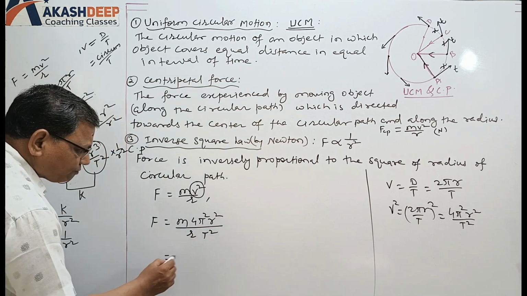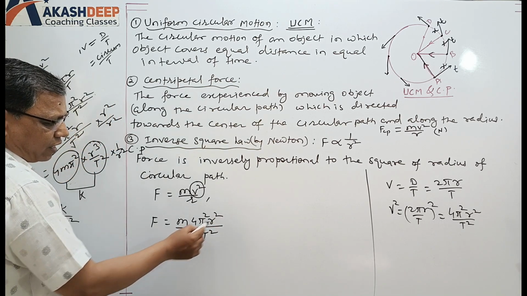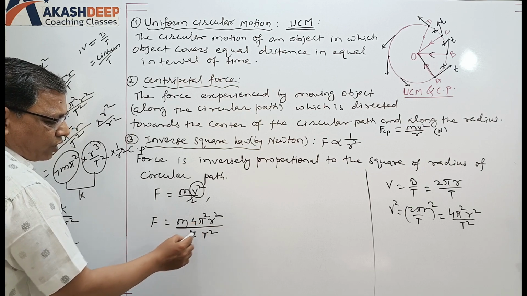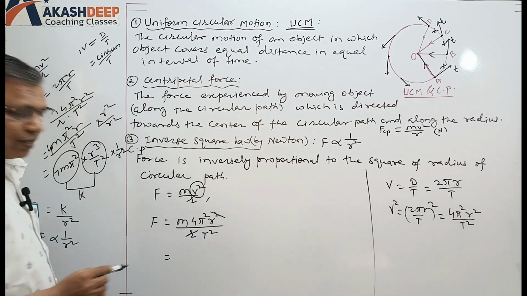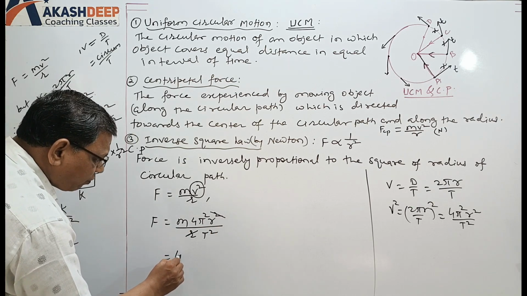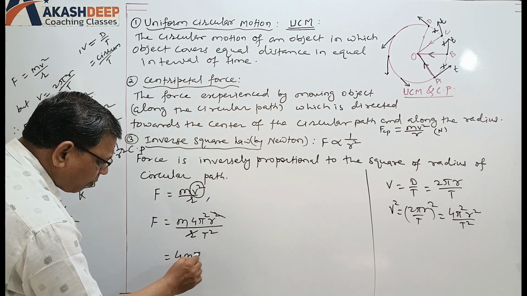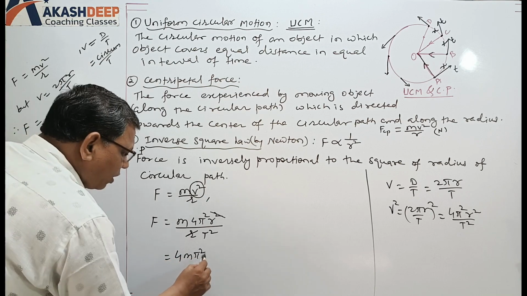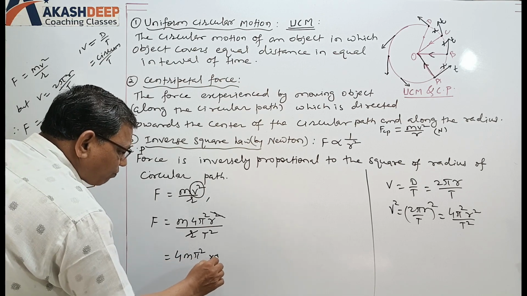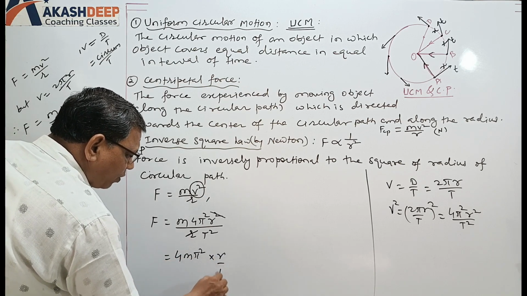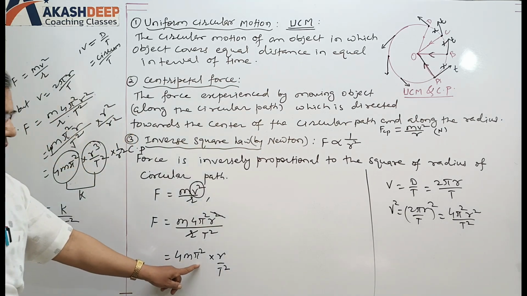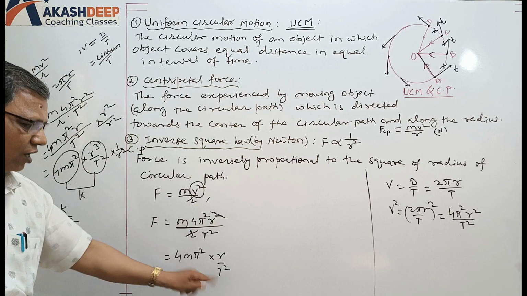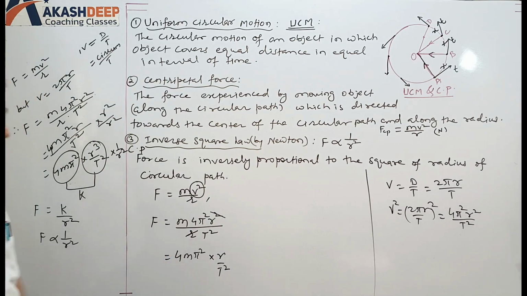You will see here it is r and it is r square. One r will get cancelled from the square. We have 4m pi square into r upon T square.